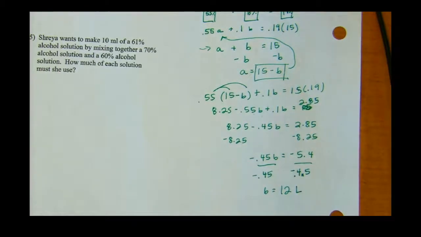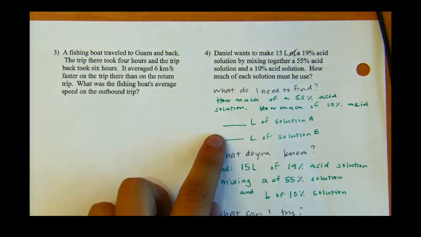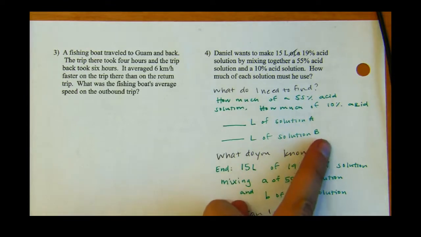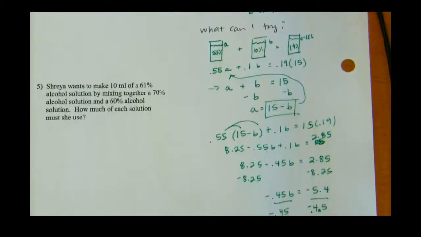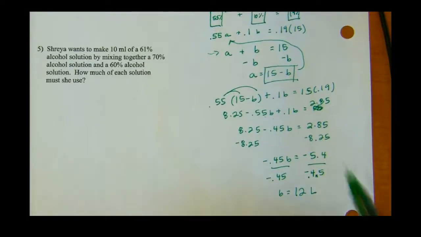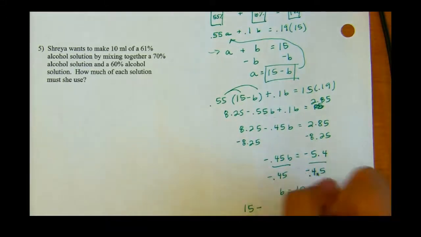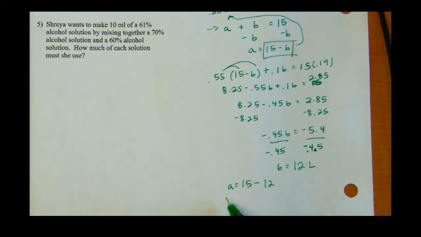Once I get to this step, have I answered my question? No. In the end, my answer needed to look like some amount of liters for solution A and some amount of liters for solution B. So far, I've got only the amount of liters for solution B. I've got to figure out how much of solution A I need to mix in. I know that solution A is equal to 15 minus however much solution B is, so A equals 15 minus 12.